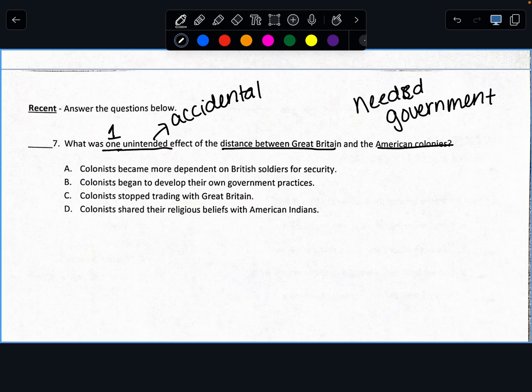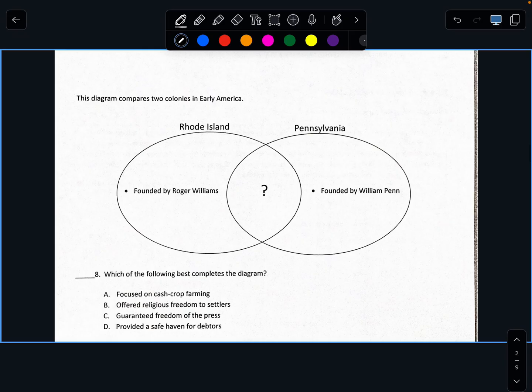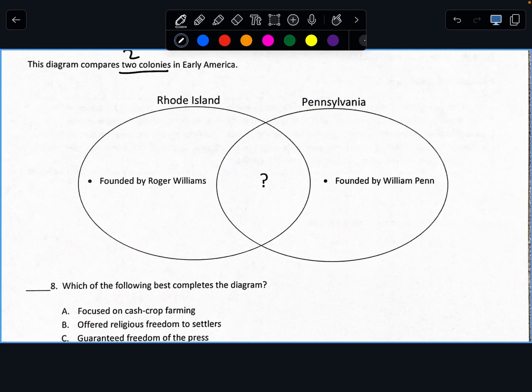Okay. Last one. This diagram compares 2 colonies in early America. Rhode Island, founded by Roger Williams, and Pennsylvania, founded by William Penn. Where's Rhode Island? New England, middle, or southern? Yeah, you can look at your notes. Where's Rhode Island? New England.